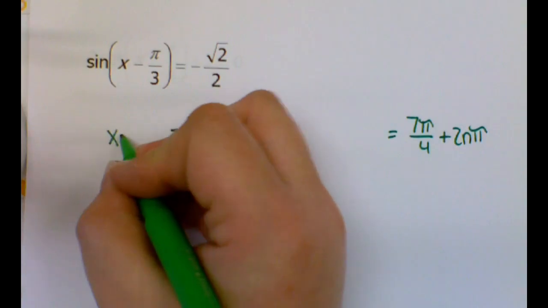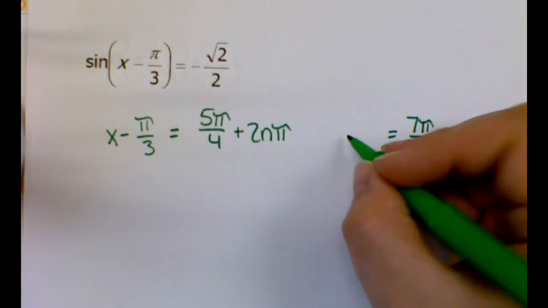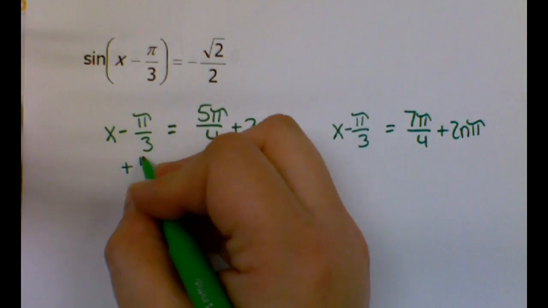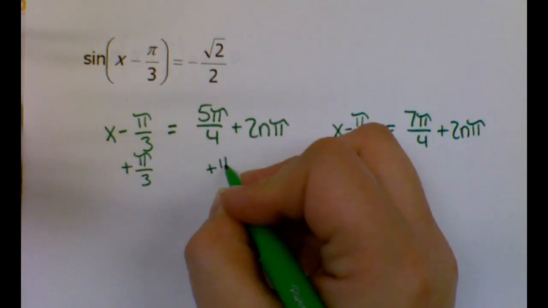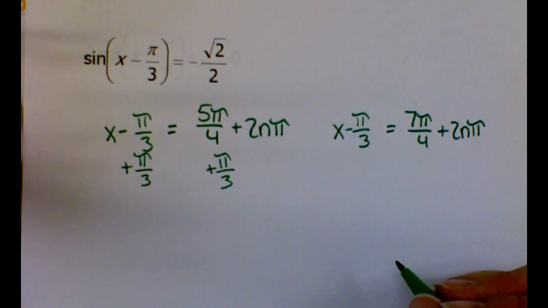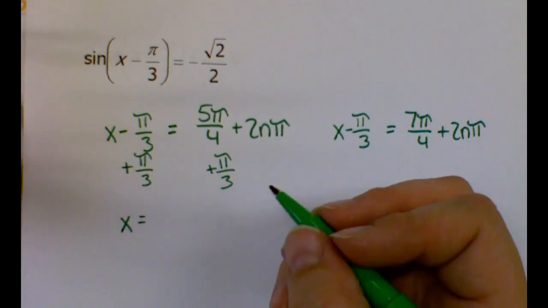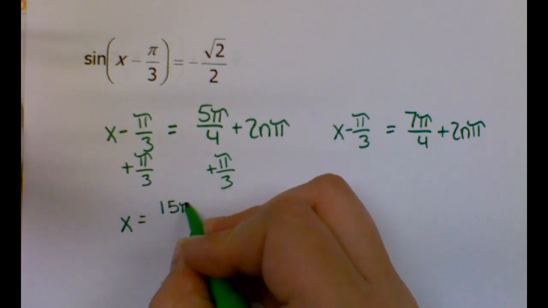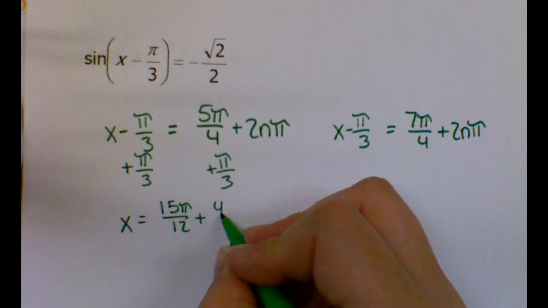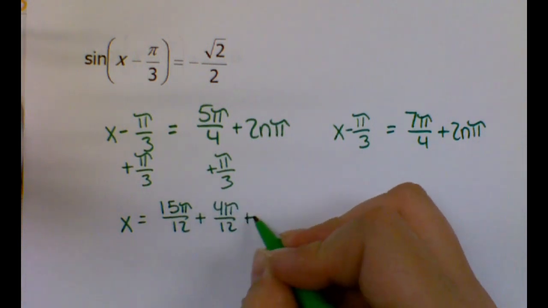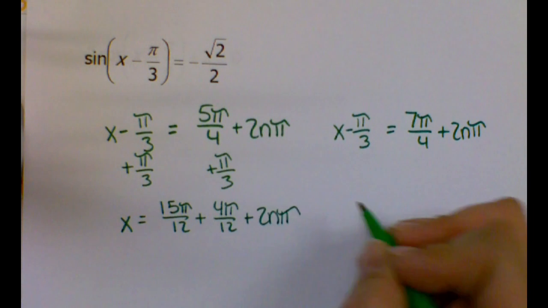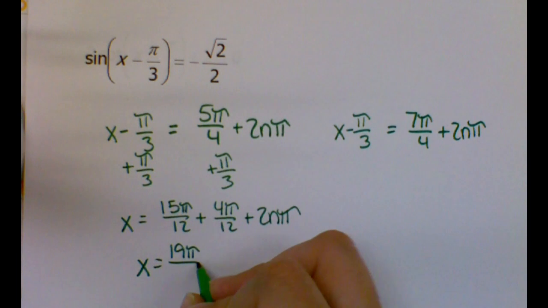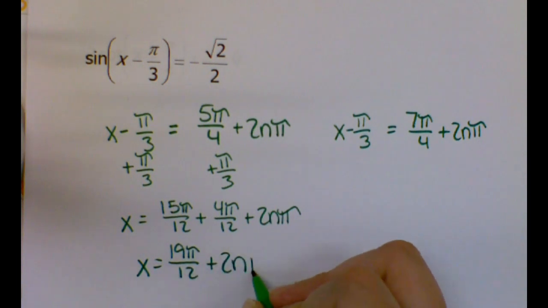This time we just have x minus pi over 3. So instead of multiplying or dividing by something, I'm just going to add pi over 3. Now I do have to do a little work for this because I need a common denominator. So I'm going to make it 12ths. So I have 15 pi over 12 plus 4 pi over 12 plus 2n pi, which makes 19 pi over 12 plus 2n pi.